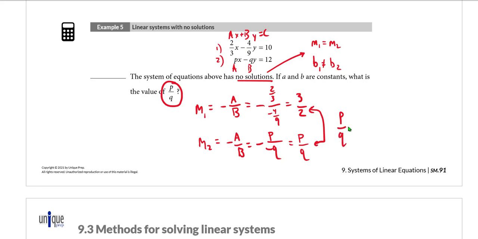P over Q must equal 3 over 2, and what do you know? That is what the question is asking. What is the value of P over Q? So we are done. 3 over 2 or 1.5 would also be acceptable.